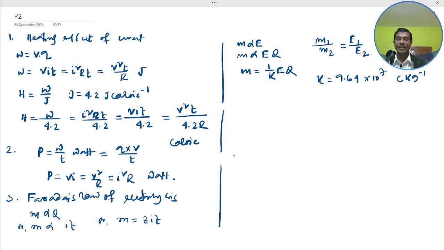Next one is the relationship between the electromotive force and terminal potential difference of a cell.